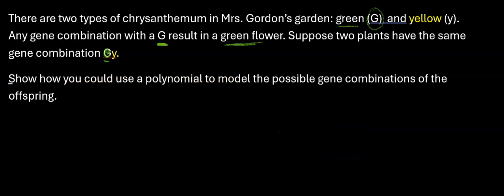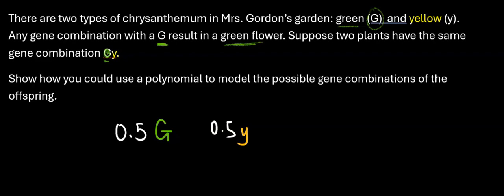Let us continue. Our task 2 is to show how you could use a polynomial to model the possible gene combinations of the offspring. Remember, the gene from each parent is modeled by, let's write down, 0.5 green, uppercase G, and 0.5 yellow, that was our lowercase letter y, representing our yellow flower.